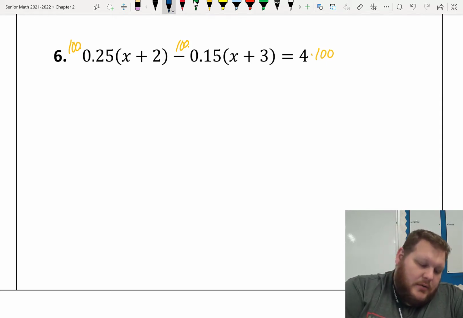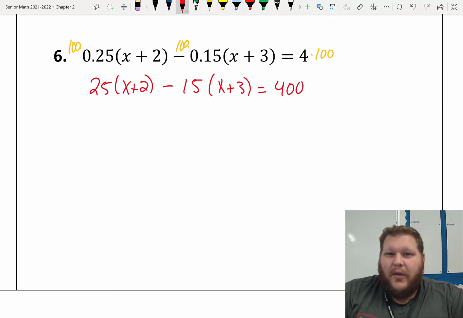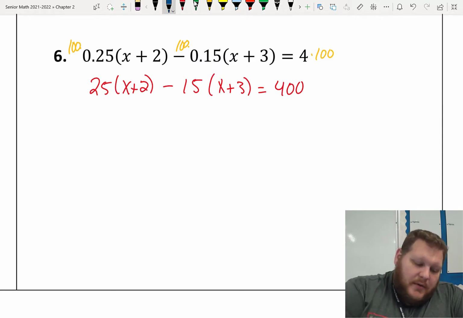All right, so for this first one, 100 times 0.25 makes this a 25 times x plus 2 minus 15 times x plus 3 equals 400. So whether or not you think that's easier to solve is up to you. But from here, same process as we've been doing.